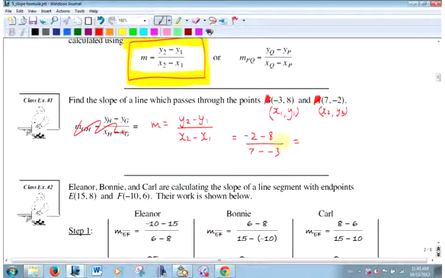Well, what's minus 2 minus 8? Minus 10. 7 minus minus 3, that's like 7 plus 3, right? That's positive 10. And what's negative 10 divided by positive 10? Negative 1. That's still a slope.